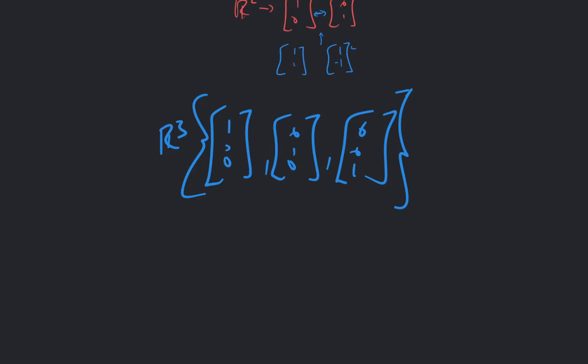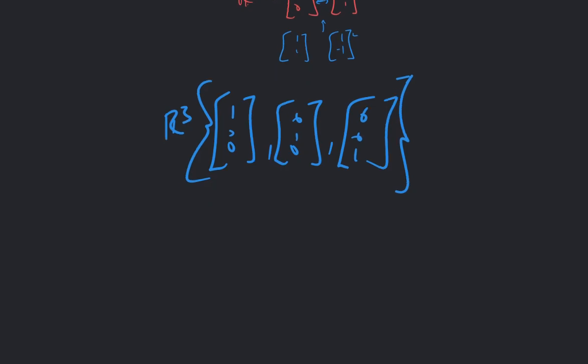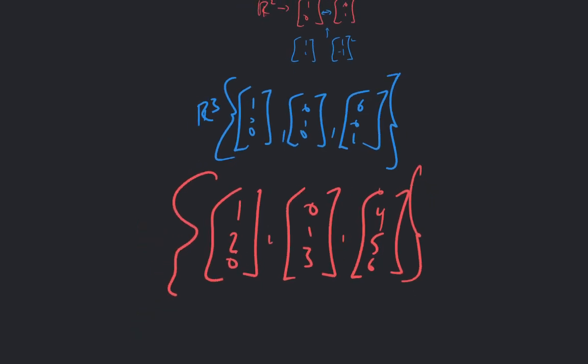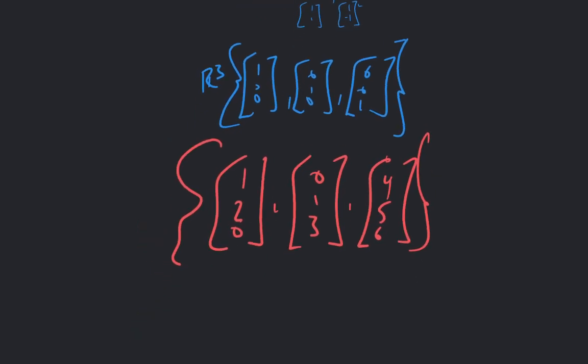But you could easily have 3 other vectors that are linearly independent: (1, 2, 0), (0, 1, 3), and say (4, 5, 6), which would also satisfy a basis, I guess. I think. Not sure.